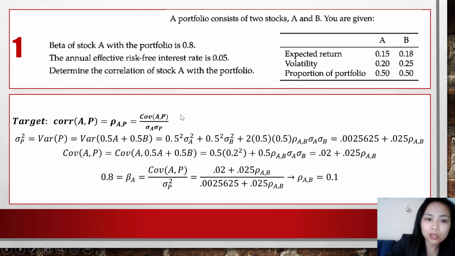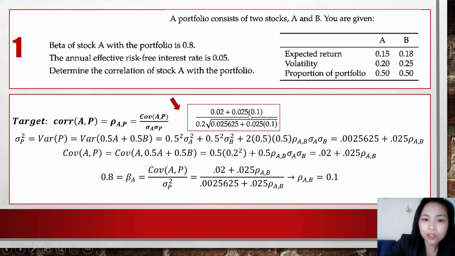Now we go back to this target formula. So rho AP here is equal to, first, covariance of AP is 0.02 plus 0.025 times rho AB, and rho AB is 0.1, so we put them into the numerator. We got 0.02 plus 0.025 times 0.1, and in the denominator we take the variance of P, take the square root, times sigma A. Sigma A is 0.2.